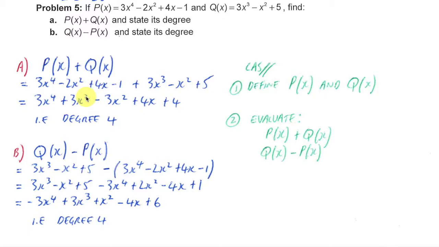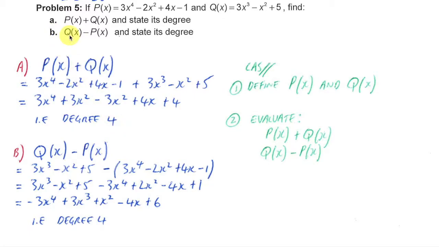I'm now going to consider the x squared, so I've got minus 2x squared plus minus x squared to give me negative 3x squared. I'm now going to look for the x's, so I can only see one term involving the x, so I've got 4x. I'm now going to consider the constant, so it's negative 1 plus 5 to give me plus 4. We're also asked to state its degree, so that's the highest power of this polynomial, which is 4.